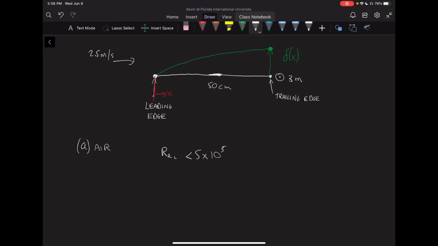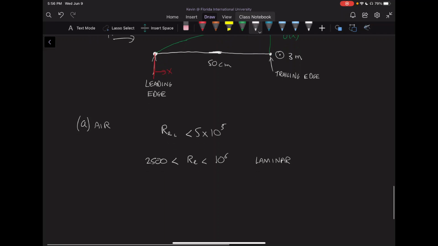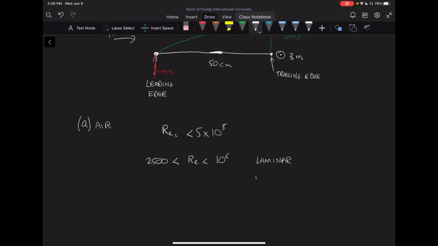That's our transition. And turbulent is going to happen above 10 to the 6.